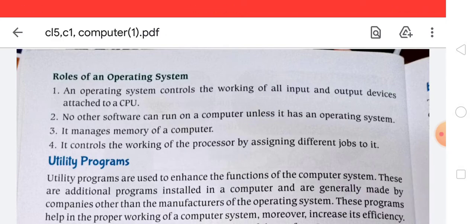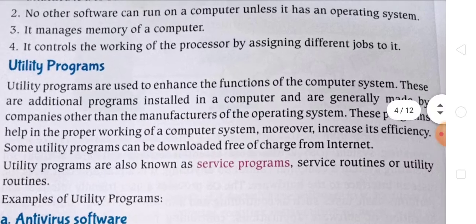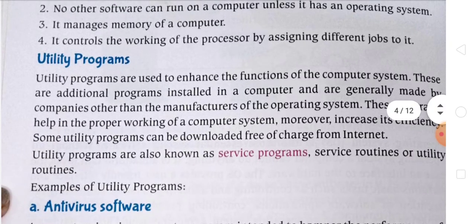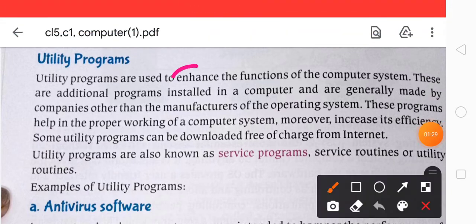Then utility programs are used to enhance the functions of the computer system. What are the functions of utility programs? Utility programs are used to enhance the function of a computer system.